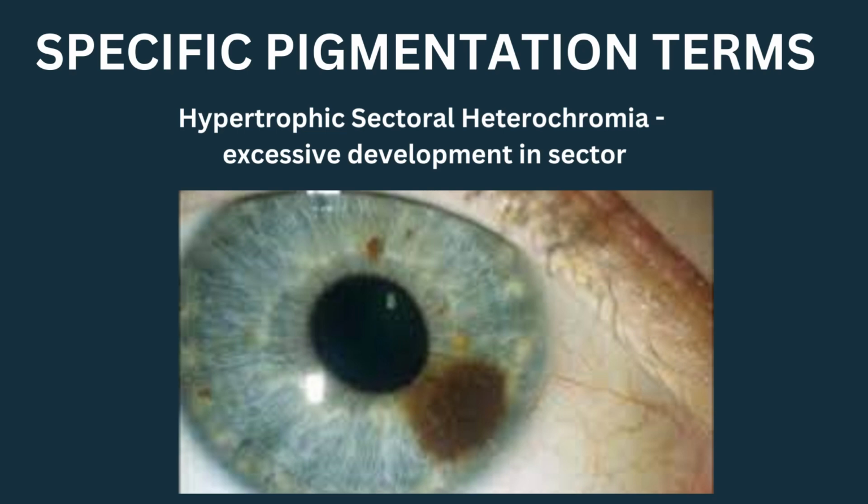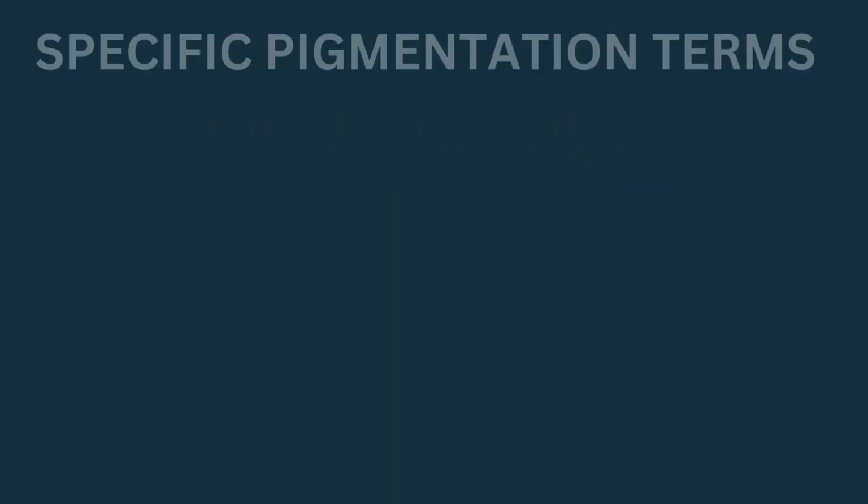So that makes it hypertrophic sectoral heterochromia. Heterochromia is always going to be a part of it, right? Because we're talking about the color in the eyes, more than one color, unusual color. So this is hypertrophic sectoral, meaning the section of the eye, excessive coloring in the eye. That's what it translates to. Okay.